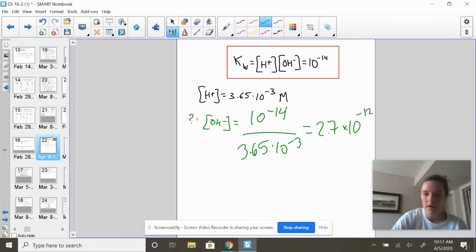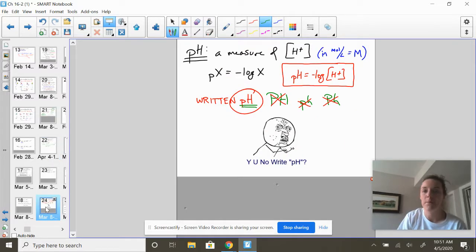Okay. All right. So there are a few more examples in the notes. Do take a look at those. But I'm going to skip forward to talking about pH. So pH is a measure of the concentration of hydrogen ions in solution. This is derived from a P scale, which is really just a scale that's based on the common log, so base 10 logs.